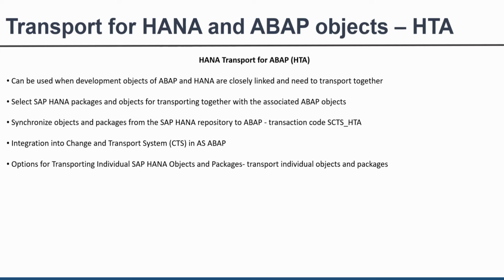Once the request is transported, the ABAP objects are imported into the ABAP system, and the HANA packages and objects are imported into the HANA repository of the target system and the objects are activated.